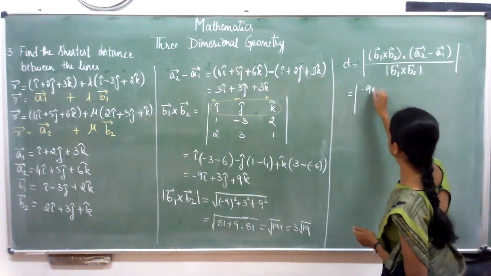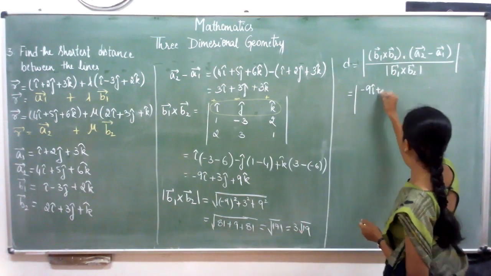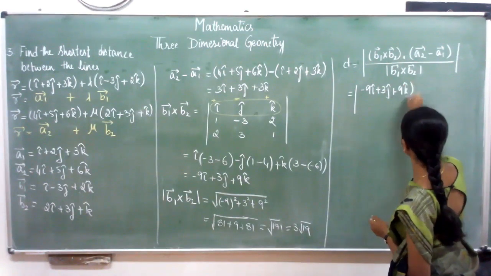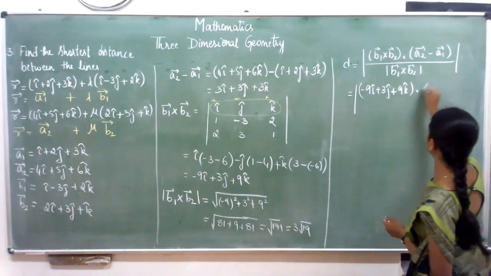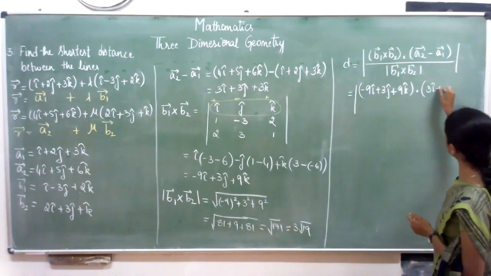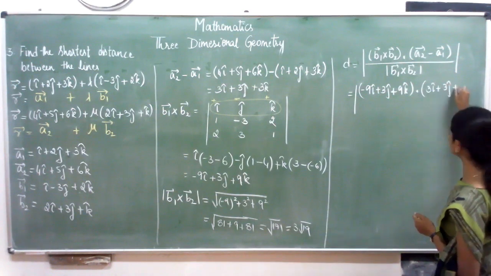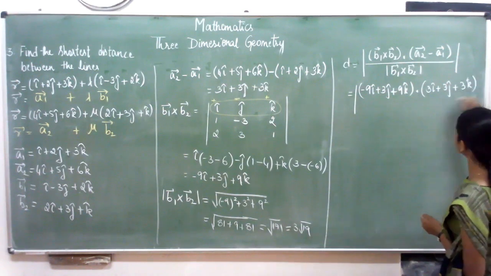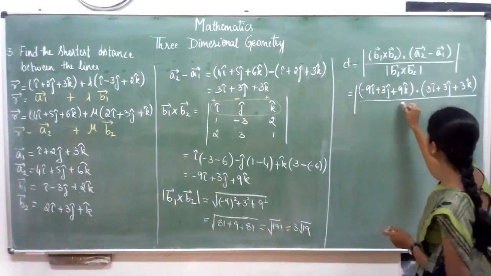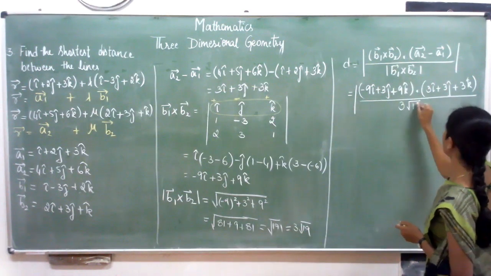Which is minus 9i cap plus 3j cap plus 9k cap, dot vector a2 minus a1, which is 3i cap plus 3j cap plus 3k cap, whole divided by magnitude of vector b1 cross b2, which is 3 root 19.